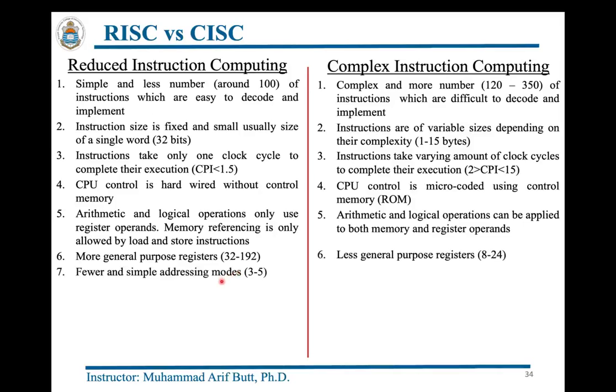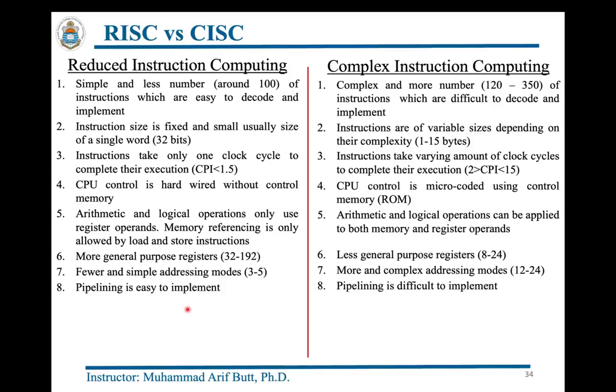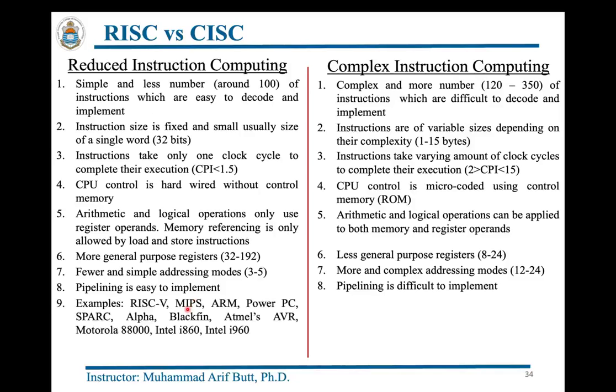In RISC, we have less and simple addressing modes. In CISC, we have complex addressing modes. In case of RISC, the pipelining is easy to implement, which is of course difficult to implement in case of CISC. The examples of RISC architectures are RISC-V, MIPS, ARM, PowerPC, Sparc, Alpha, Blackfin, Motorola 88000.